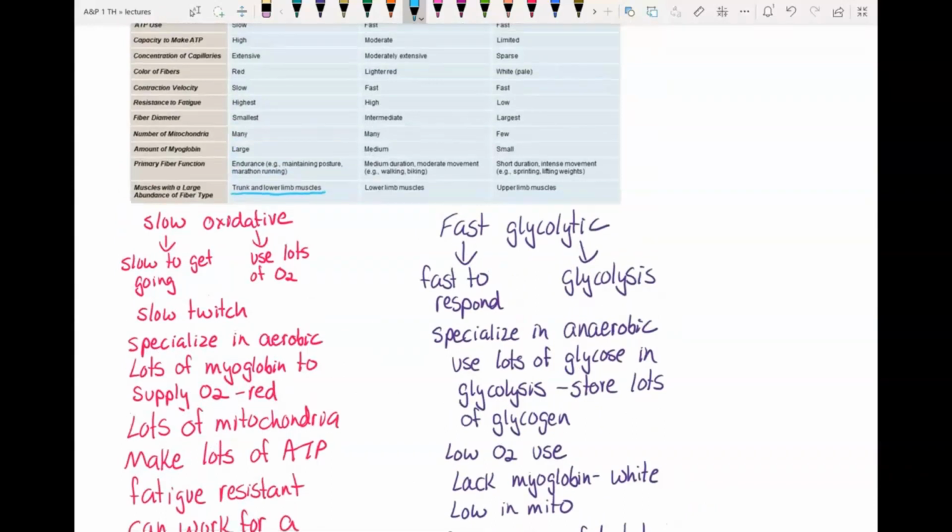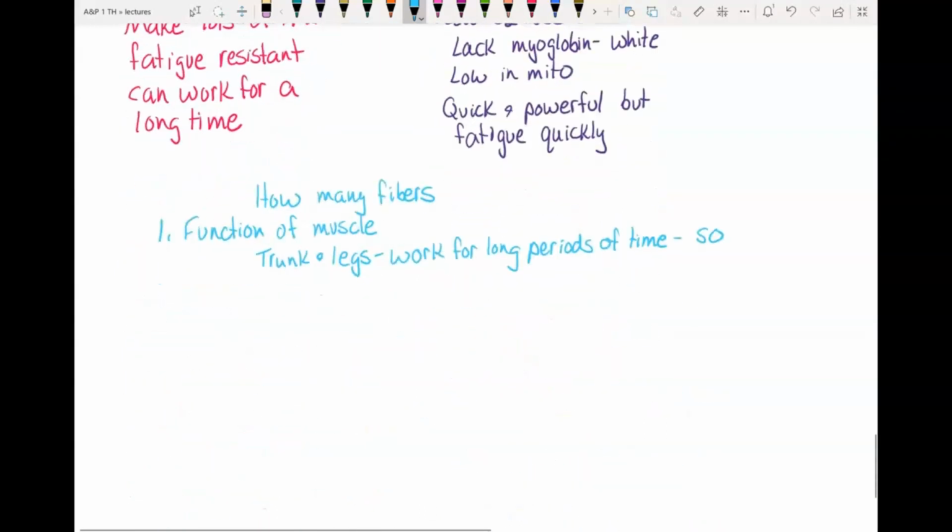Here you can see for fast glycolytic, upper limb muscles. So your arms are mostly fast glycolytic. Your arms tend to work in quick bursts. You pick things up, but you don't walk around on your arms. You don't sit there all day holding things up above your head. So your arms work in quick bursts.